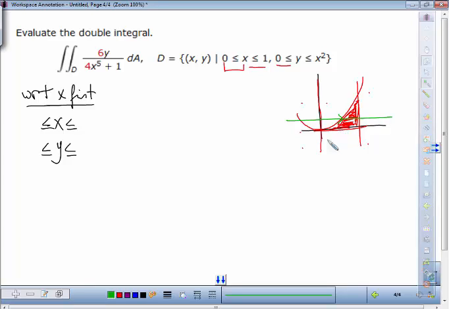So I get into the region at what function? Y is equal to x squared, right? But I have an x here. X is equal to something, so I want this in terms of x. So what should that be?